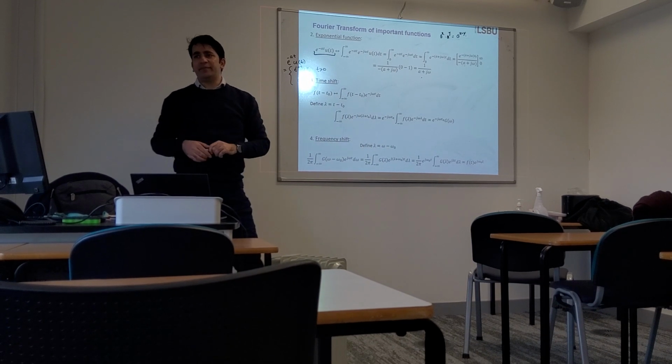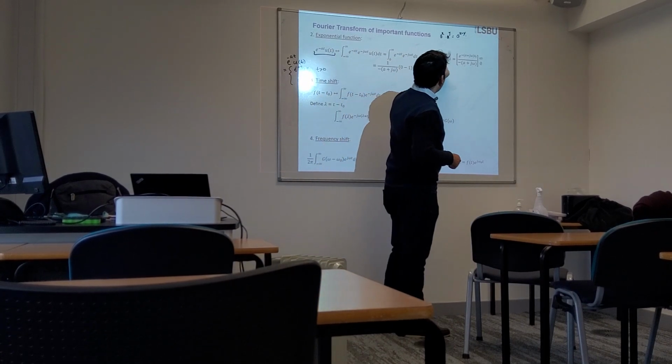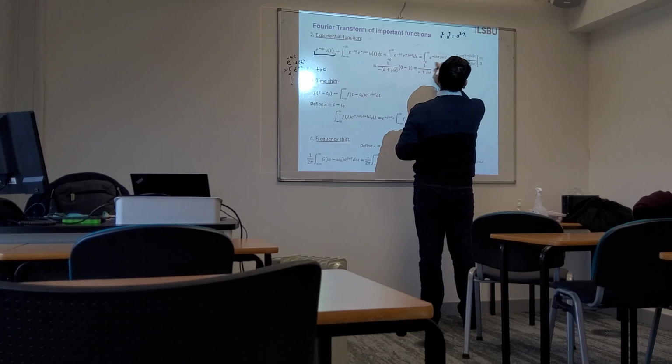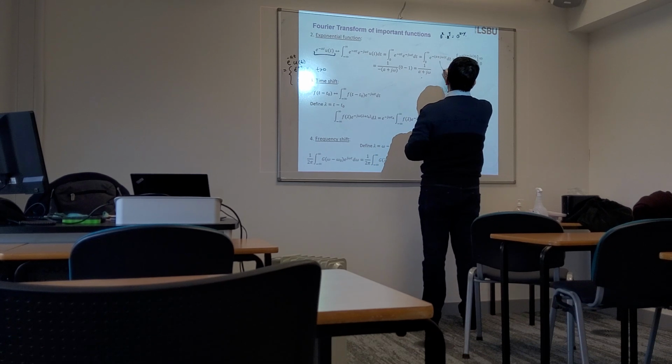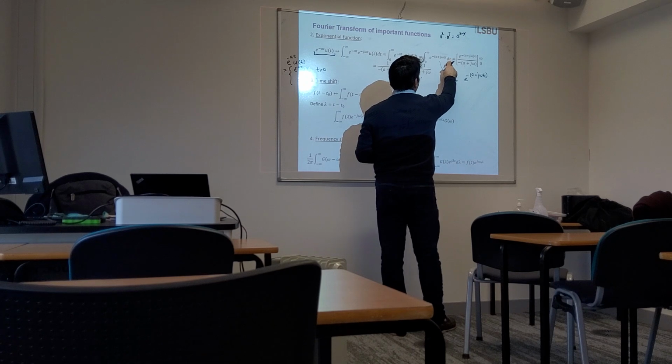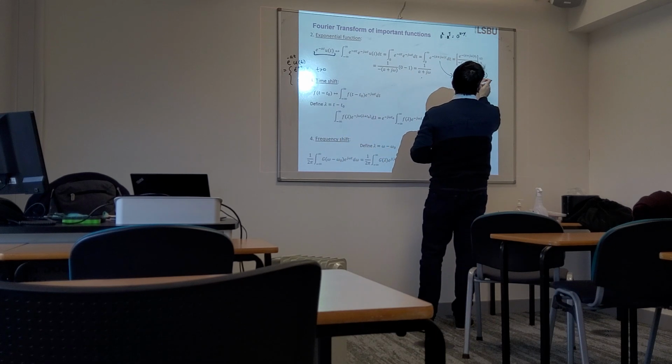Finally, we need to apply limits, right? So it means that we need to apply upper limit and lower limit. First we take the integral, so I know that for this, the integral would be e power minus a plus j omega t, and you can see that the integral is with respect to t.